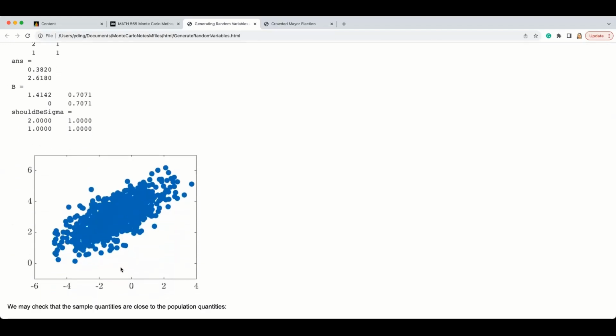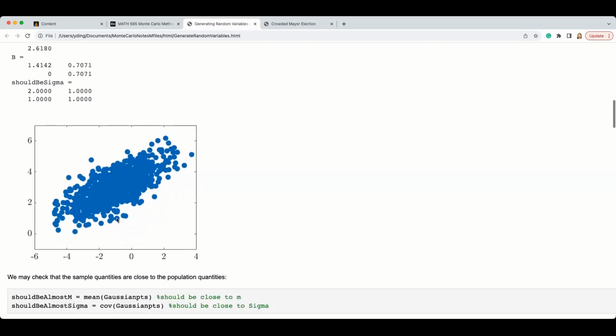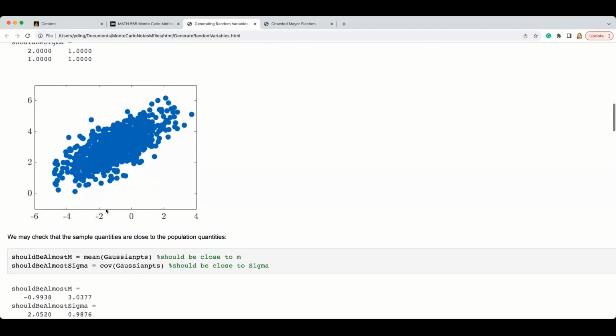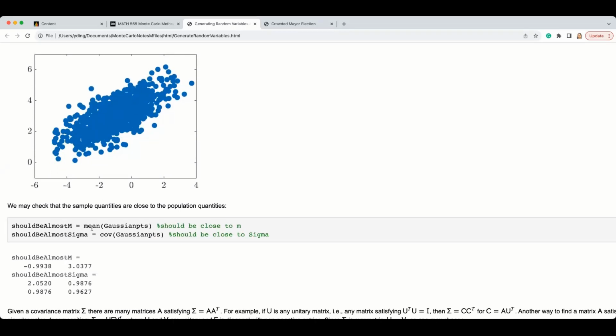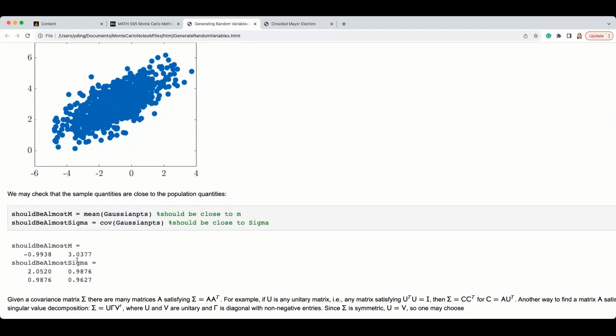Try to see if it's centered at -1 and 3. Seems good. And then what about the covariance matrix? We need to check that. So we compute the mean, which should be close to M, though of course you cannot get exactly M, and then the covariance of that.